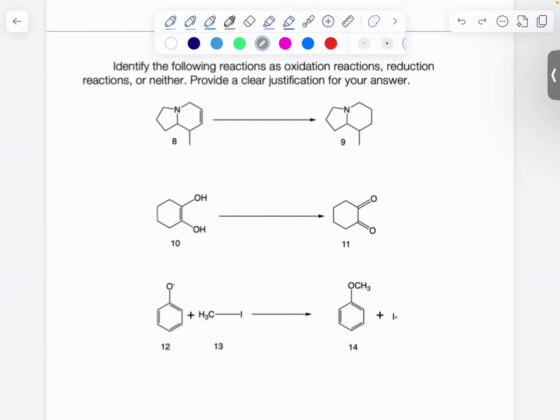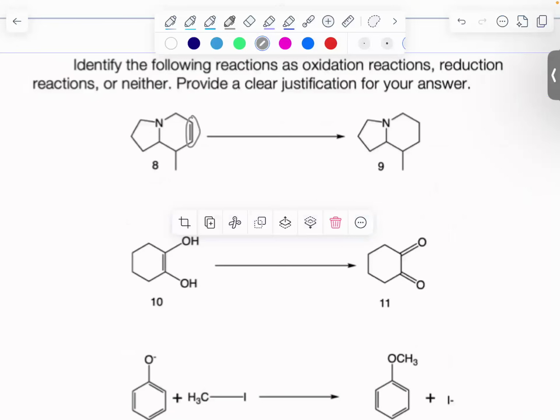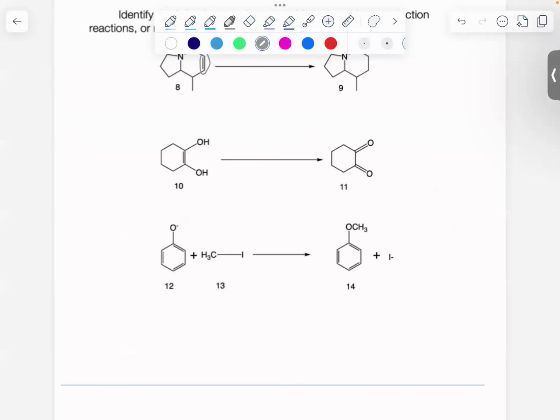So, does anyone know where we can start with this kind of question? Yes, well, that is our main goal. And the double bond is what we see changes, right?